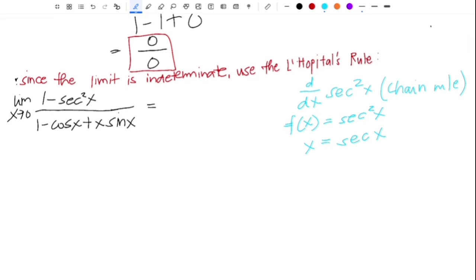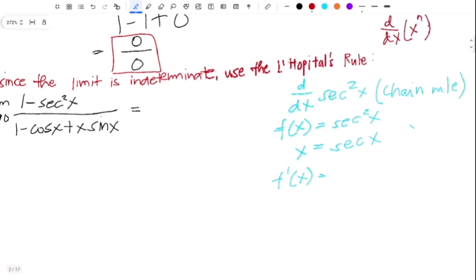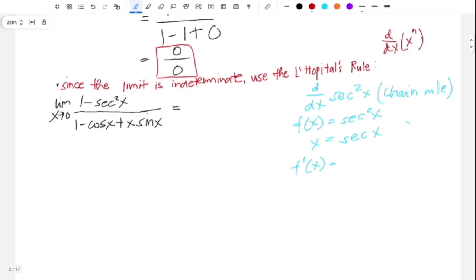So the derivative of f of x is, here we can use the power rule. The power rule states that d/dx of x^n is equal to n x^(n-1). That is our power rule, and we will use this here in our f of x.